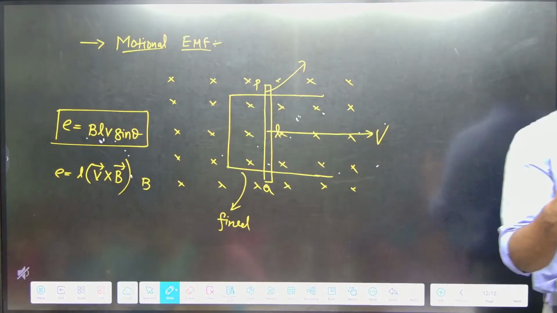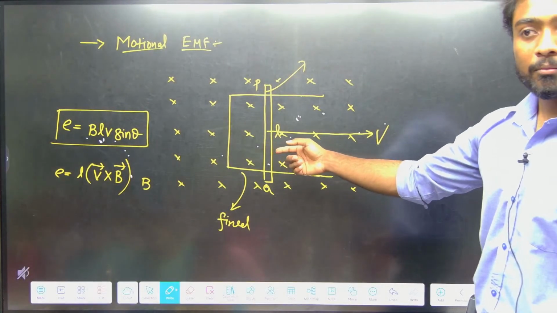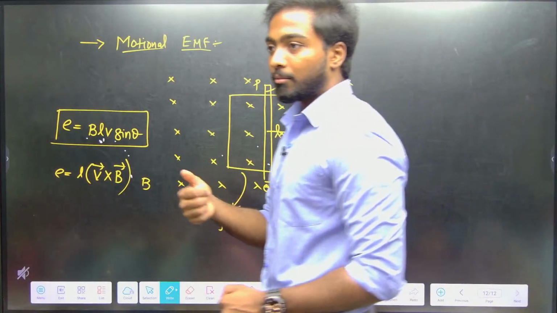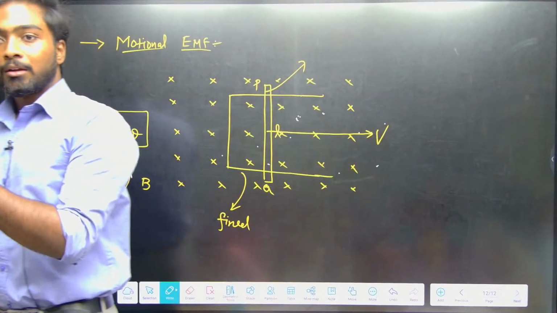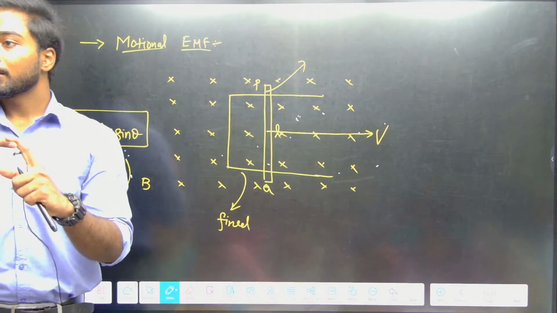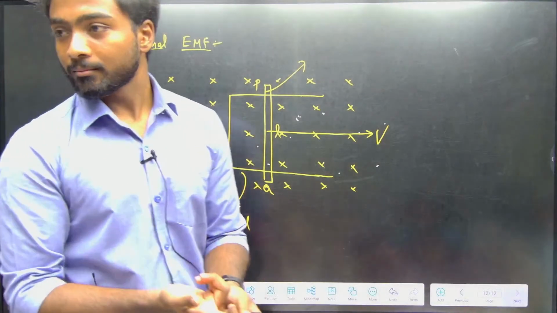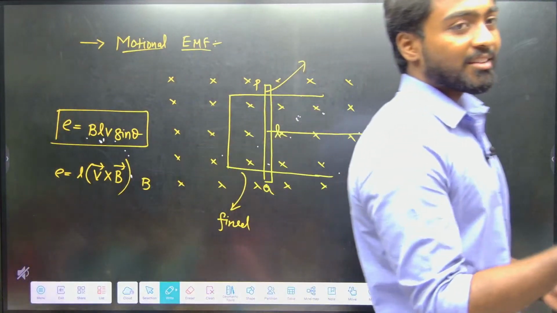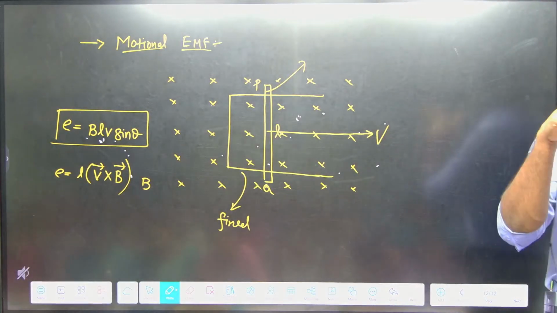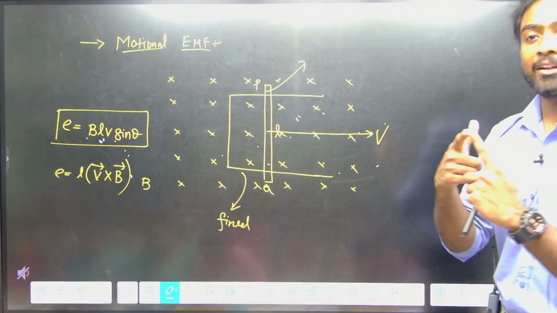Which conductor am I talking about? The movable conductor. Next is B, the magnetic field lines, which is the index finger.